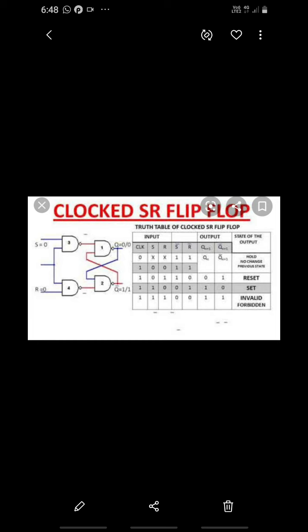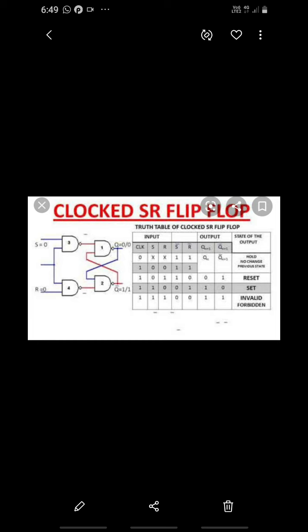Here applying a clock signal of 0, S and R inputs are 0 0, then S bar is 1, R bar is 1, and output Q is Qn and Q bar is Q bar.